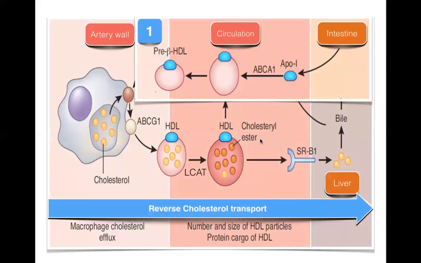So the pre-beta HDL eventually will interact with macrophages. Those macrophages contain receptors such as ABCA1.